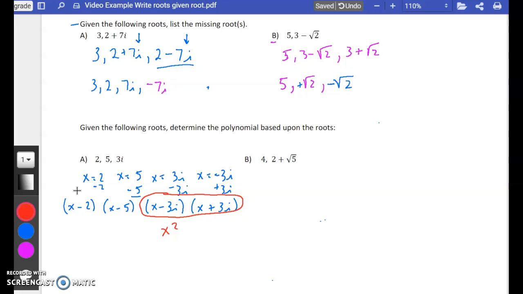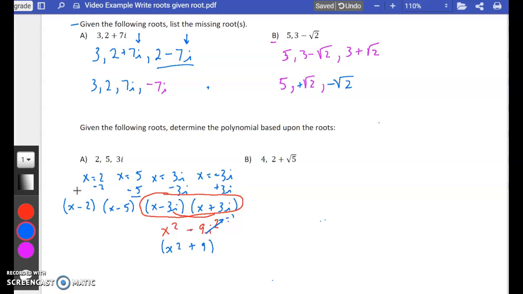They are complex conjugates, and the middle terms are going to cancel out. So what we wind up with is negative 3i times positive 3i, which is negative 9i squared. We learned before that i squared is negative 1. So this is x squared plus 9 coming from a negative times a negative.